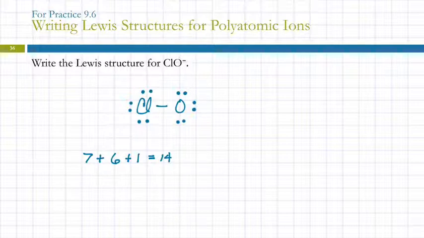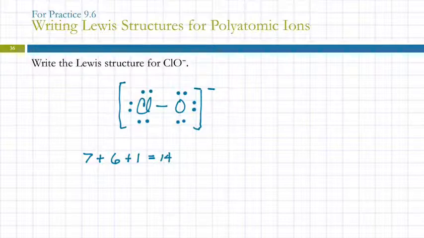Oh, good. I had enough. The chlorine and the oxygen both have octets. I'm not quite done though, because this has a charge on it. And so I need to put brackets around the whole thing and put the charge on the outside. Any questions?